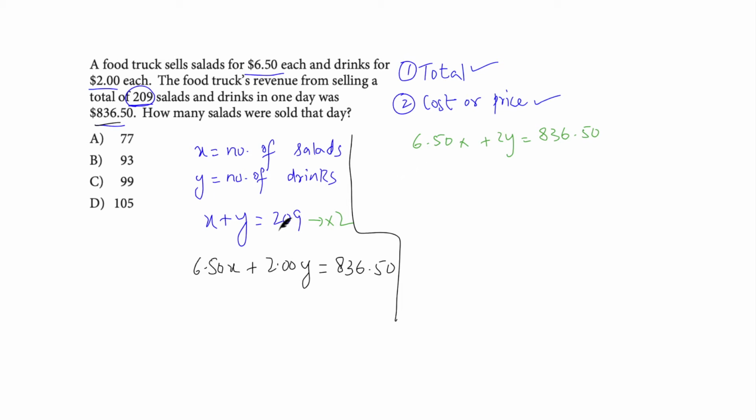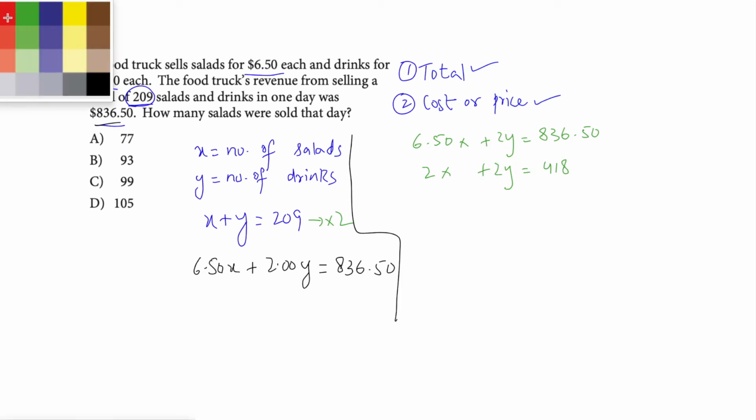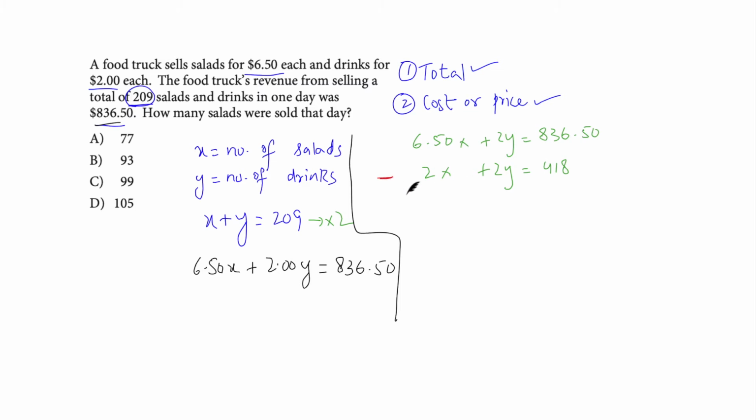And if I multiply the other with 2, we have 2x plus 2y equals 209 into 2, which is 418. You can use the calculator, it's a calculator question.